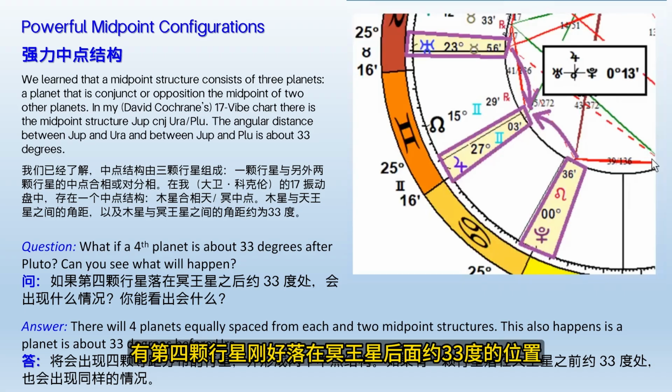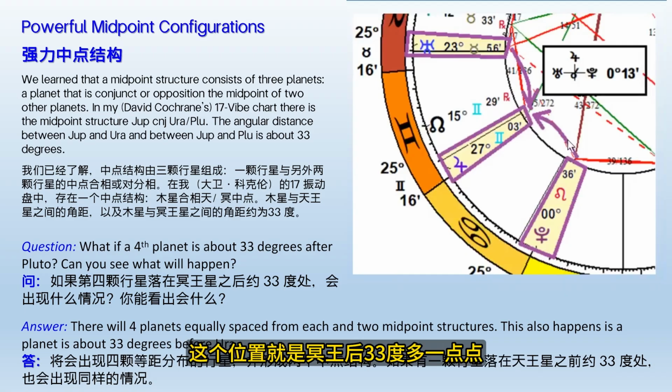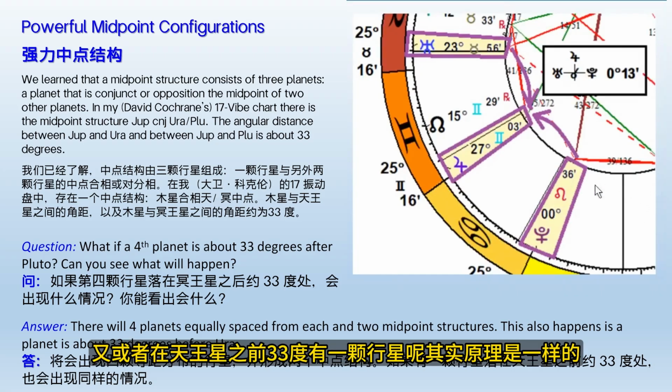What if a fourth planet is about 33 degrees after Pluto? So 33 degrees after Pluto would be about 3.5 degrees. We said this is a little more than 33 degrees. So about 3.5 to 4 degrees of Virgo would be 33 to 33.5 degrees past Pluto.